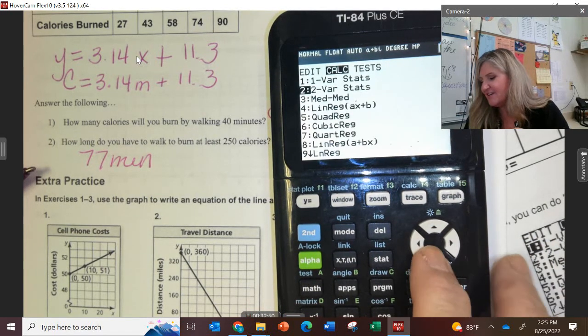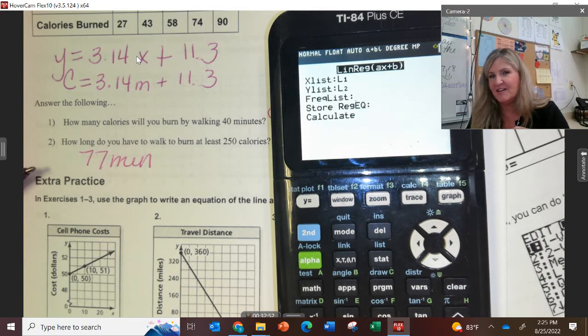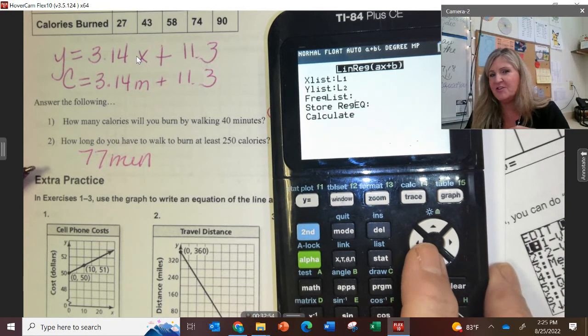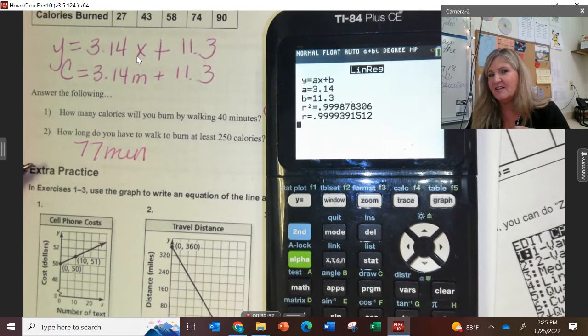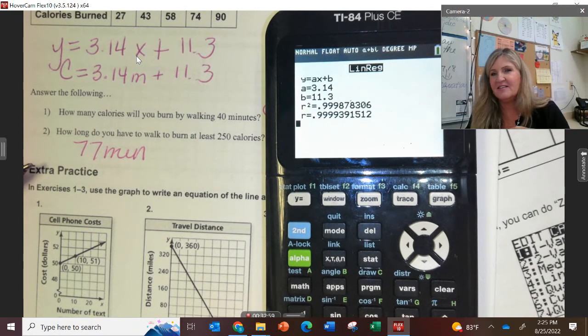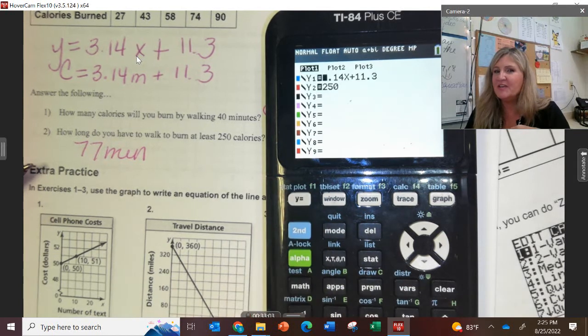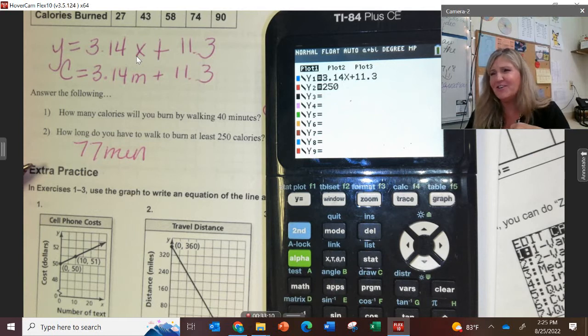Stat calculate. You went here to linear regression. And what's it saying when you go down to here and push enter? Well, that's because you didn't go to y equals and put it in. You have to put it in. The calculator can't do everything for you.